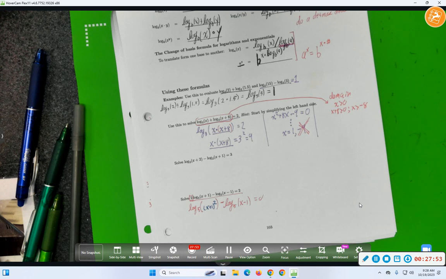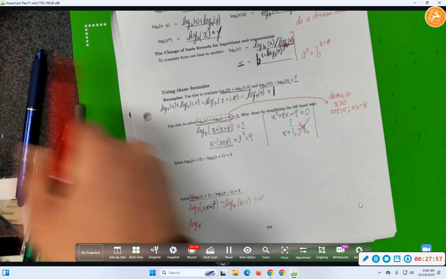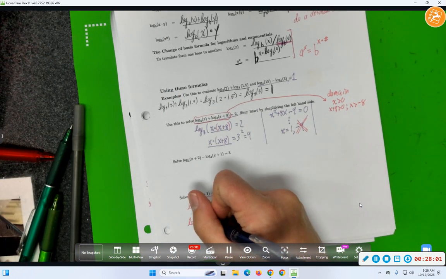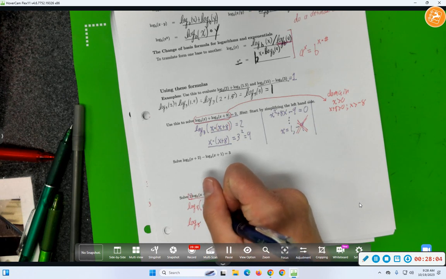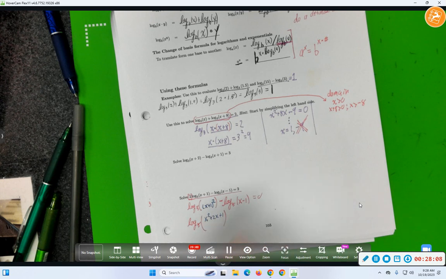Oh, sure. Yeah, let's expand that square out. So this will become log base 5 of x squared plus 2x plus 1. Did I write that out right?